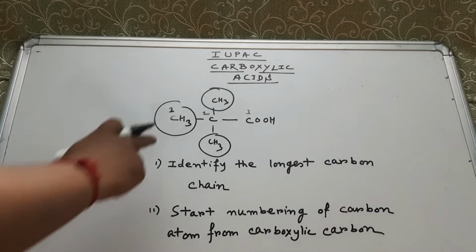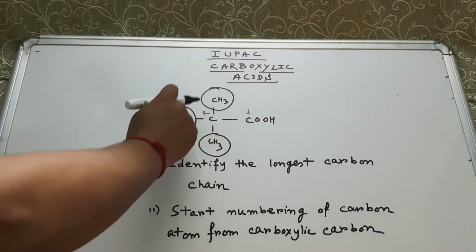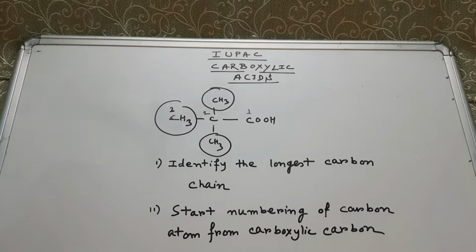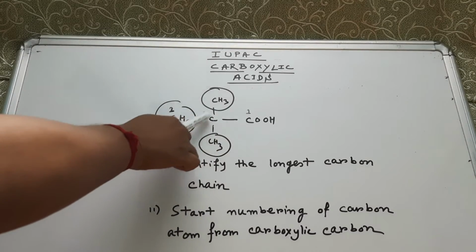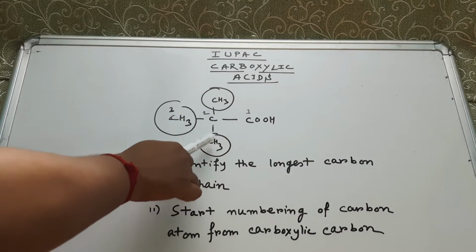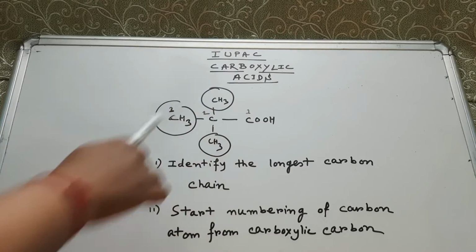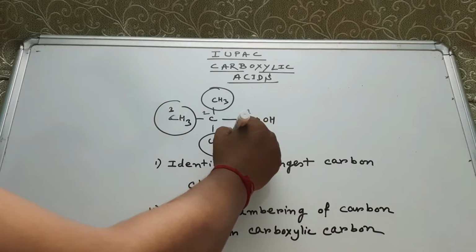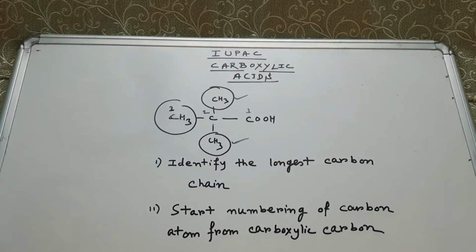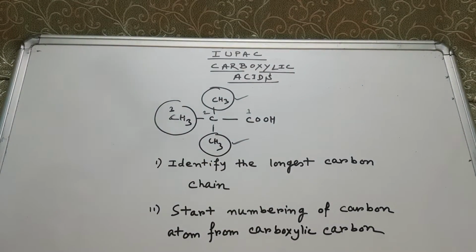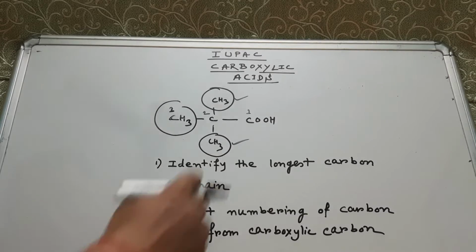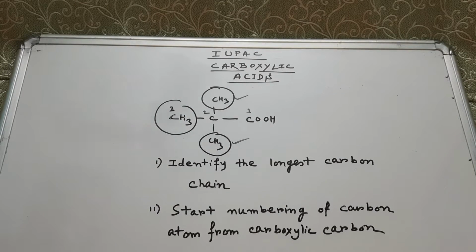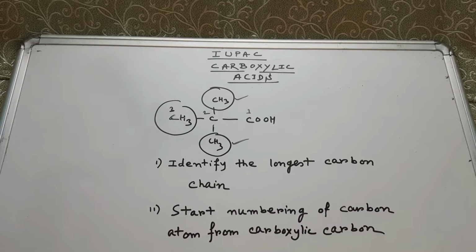So you give any of these three carbon atoms number 3. Look, in the second carbon atom there are 2 methyl groups attached. So these 2 methyl groups, this one and this one, are acting as substituents.